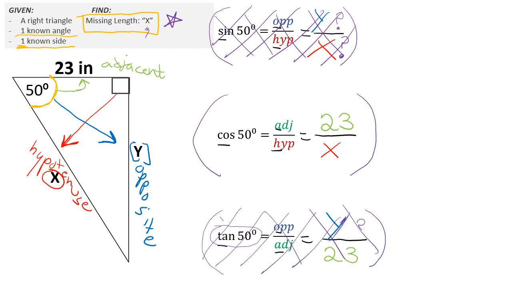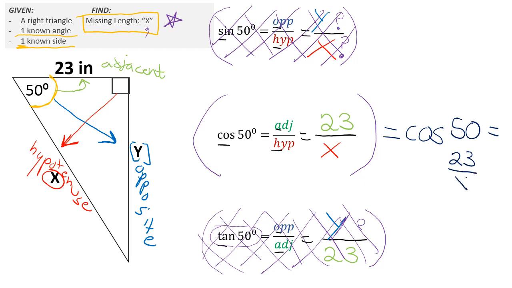So that's not going to be very useful either. So it looks like the winner here that's going to help us find that missing side is indeed the cosine of 50 will equal 23 over x. And on the next slide, I'm going to show us how to find that.